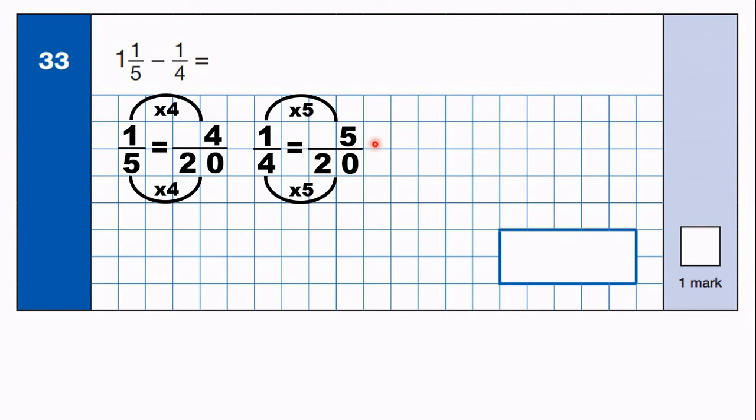So we can rewrite our question as 1 and 4/20 minus 5/20.